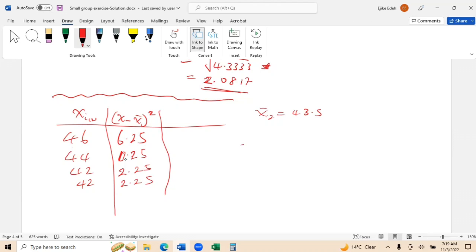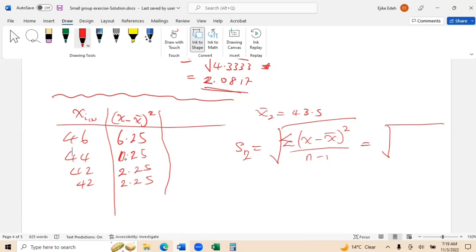Again, remember the standard deviation for group 2 will be equal to the square root of the sum of the squared differences between the data and their mean, divided by the sample size minus 1. I can use a calculator here.